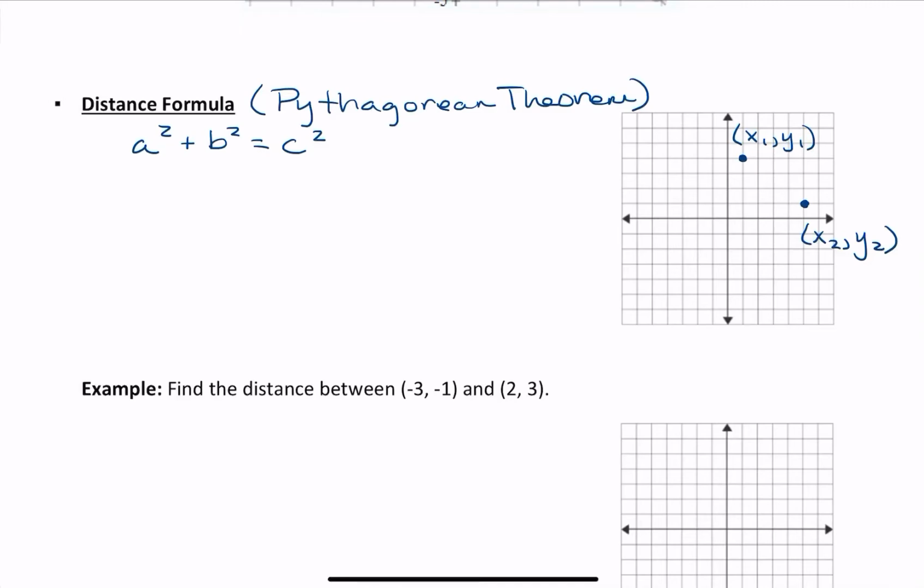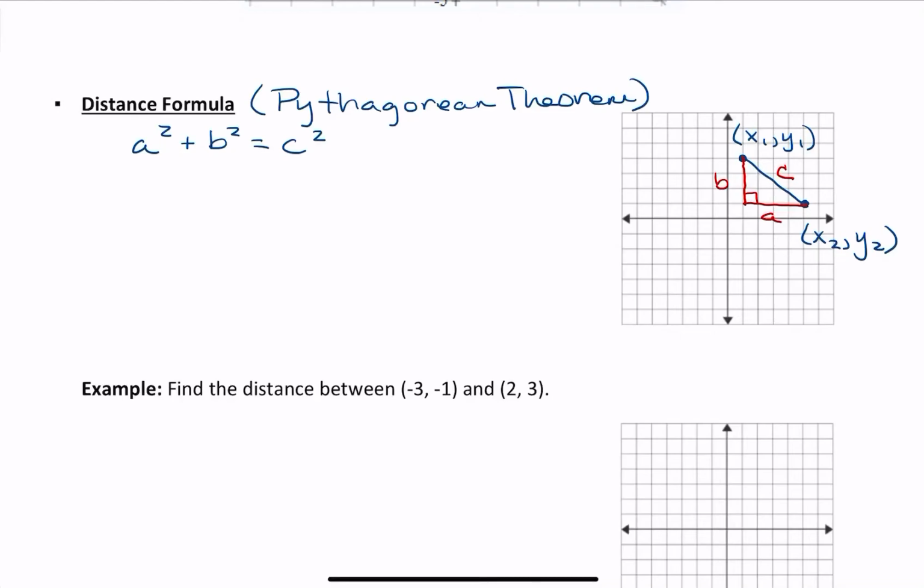If I want to find the distance between those 2 points, I can make a right triangle if I connect them like that, where let's call this A, this B, and then our hypotenuse is C. So this is our right triangle, and we've got A, B, and C, where C is the hypotenuse.